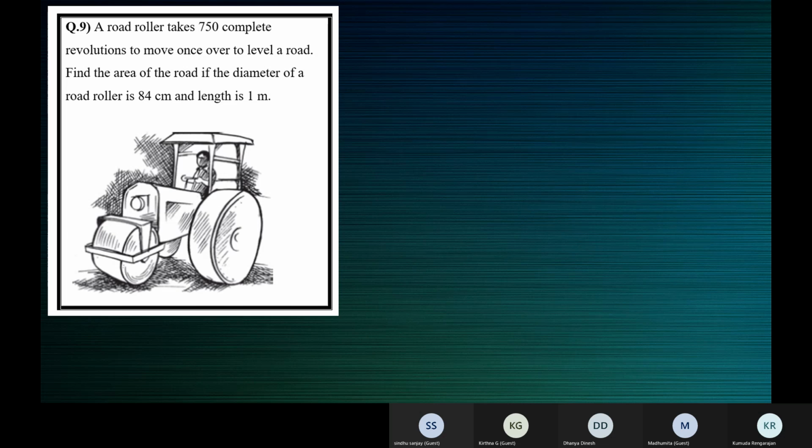Curved surface area. When a road roller moves on a road to level the road or a playground, it is the curved surface area of the roller that comes in contact with the ground. The total surface area has got nothing to do with the ground. What constantly rubs over the ground is the curved surface area, repeatedly, as it keeps moving over the ground.